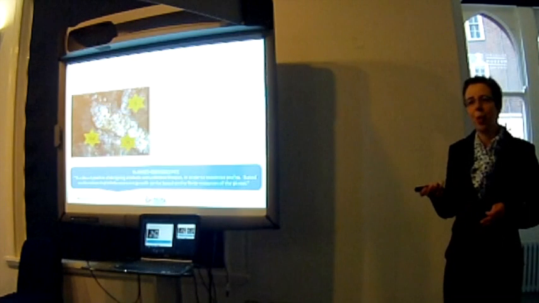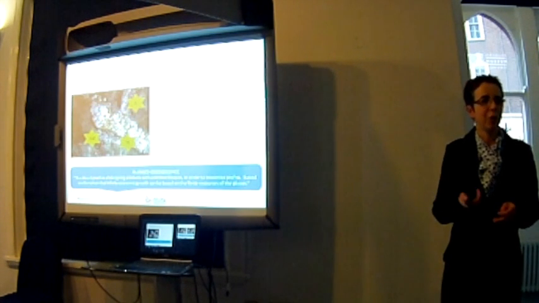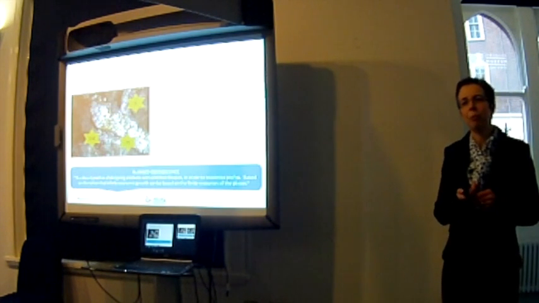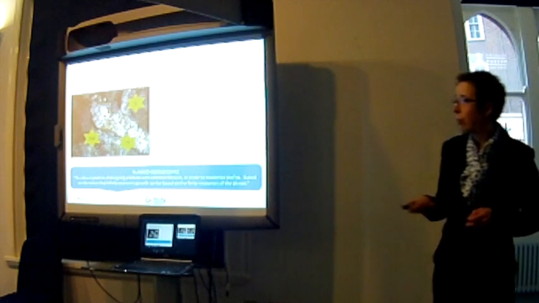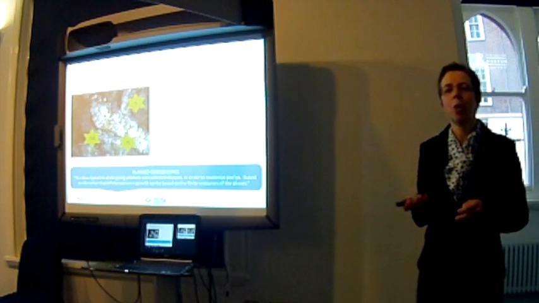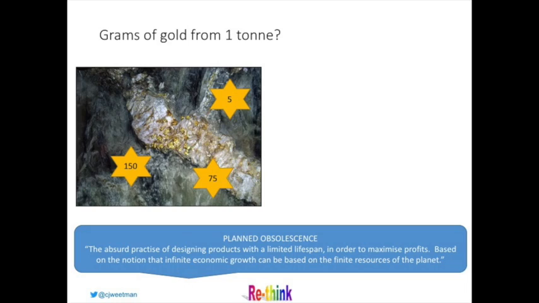So there are different ways to think about how we utilise the resources. Another issue where we've got less than efficient systems is our methods of material extraction. So this photograph on the left is a ton of gold ore. It's what we start with before we extract some gold. So how many grams of gold do you think we extract at current rates from that 1 ton of gold ore?